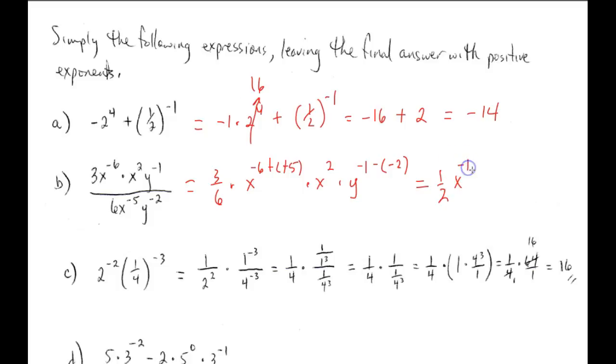X raised to the negative 1 times x raised to the positive 2, and y raised to the 1. And of course, here we know that this could just be looked at as x raised to the negative 1 plus 2, which would just be 1/2 times x raised to the 1 times y raised to the 1, which would just be 1/2 xy.